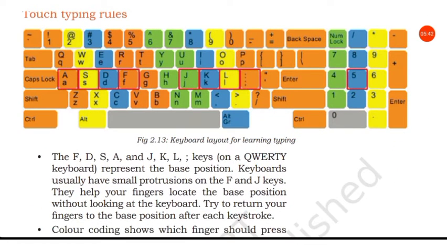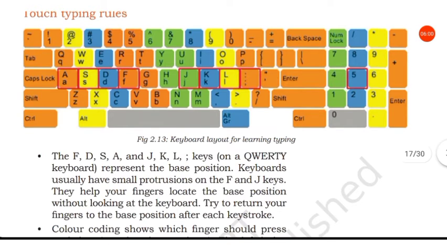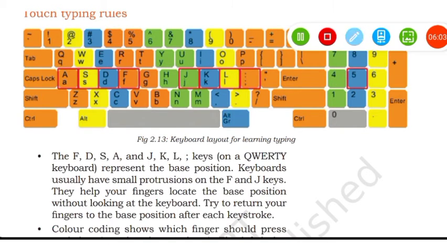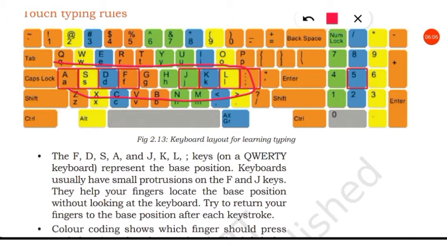So let us see what the touch typing rules are. The F D S A and J K L and semicolon keys represent the base position. Keyboards usually have small protrusions on the F and J keys.